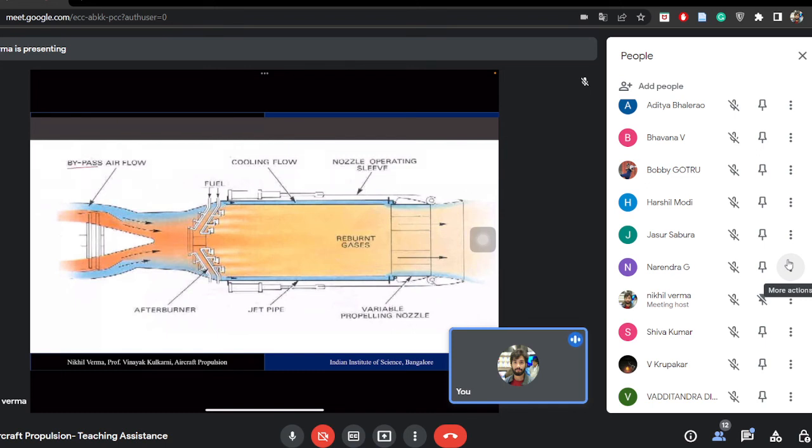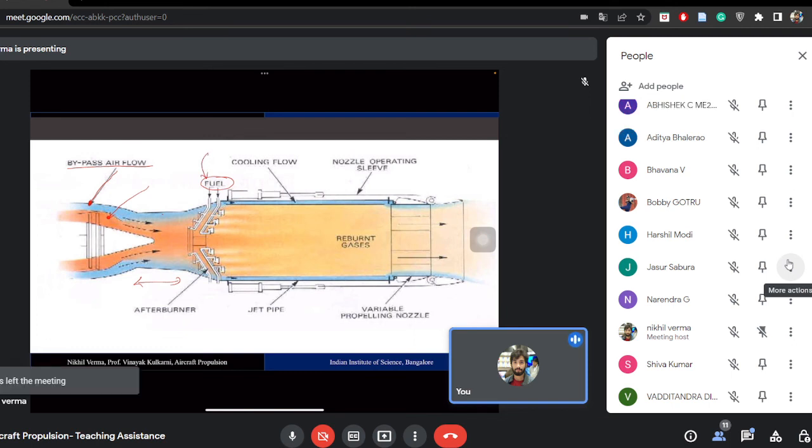This is the air coming from a bypass duct, and this is the hot stream coming out of the turbine. After that, there is a section where these two streams mix, and we inject fuel so that the fuel can ignite and increase the temperature.